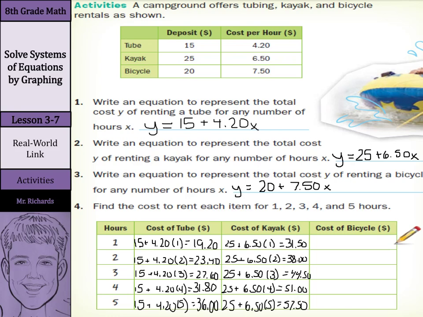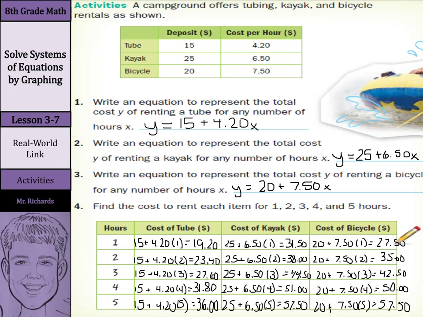And we'll use the 20 plus $7.50 times 1 and so on to calculate the cost of the bicycle. And there we have that part of the table completed, with the 20 plus $7.50 times 1 being $27.50, $35, $42.50, $50, and $57.50. And you can pause the video if you need to complete your table.